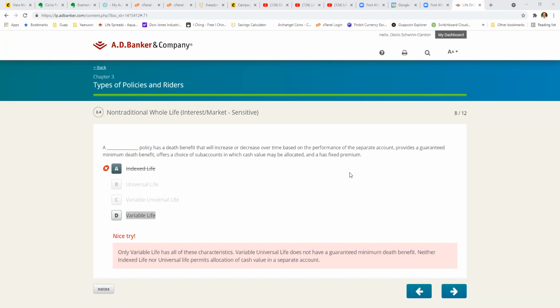So it's a separate account from the general account, I think is the way they described it earlier. So make a note for variable and then make a note for double checking what general account means for universal.